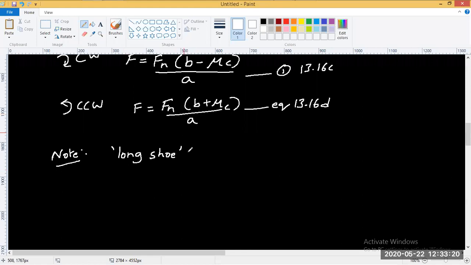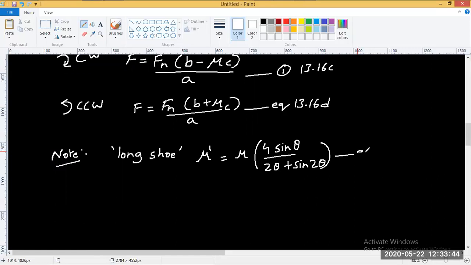So if the question states a long shoe, then instead of mu, you take mu dash, which equals mu over mu times sine theta over minus 2 theta plus sine 2 theta.